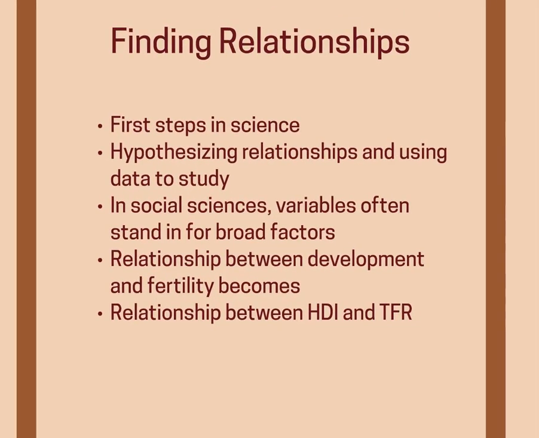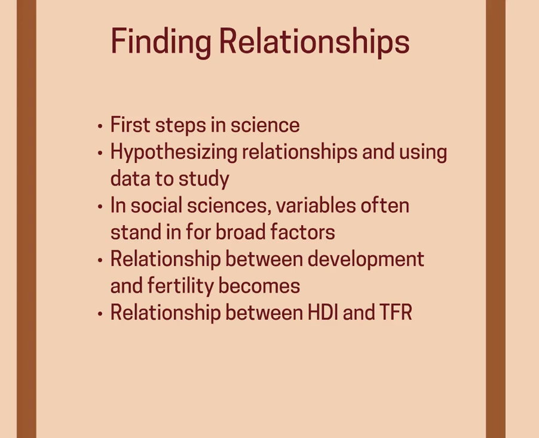Now, the first step in working towards something really big and explanatory like a theory is just finding relationships between different types of information, different types of empirical data out there. These are the first baby steps in science, and they're the steps that every scientist has to do in order to ultimately develop something bigger, some broader theory, to uncover new knowledge.